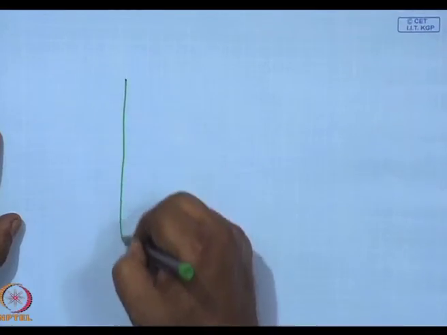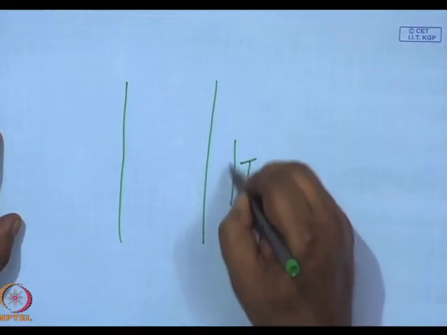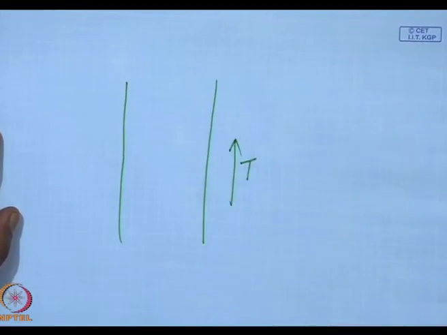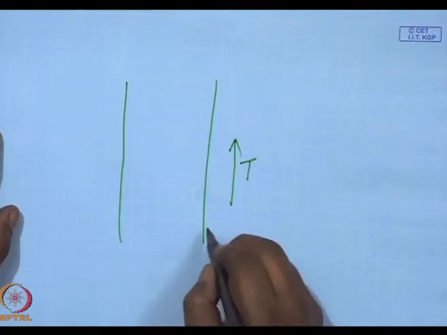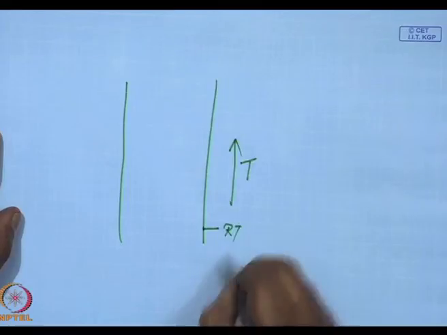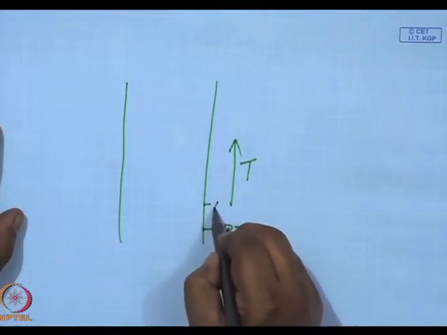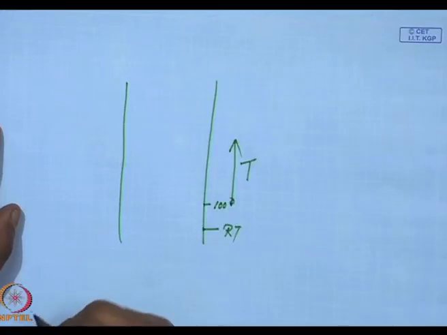Let me take a temperature gradient. The temperature is rising in this direction. Let me bother to put certain numbers. This is room temperature. Let me label this 100 degrees.